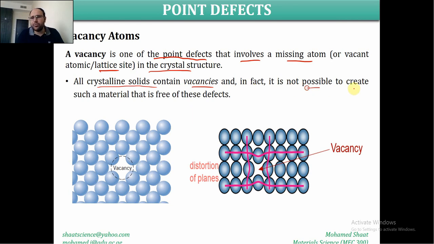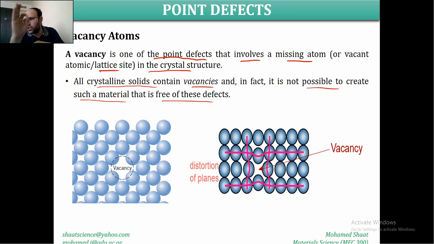All crystalline solids contain vacancies. And in fact, it is not possible to create a material that is free of these defects. Any material, whatever it is, will definitely have some vacancies. It means that it will have some defects, and this defect will definitely be vacancy atoms.